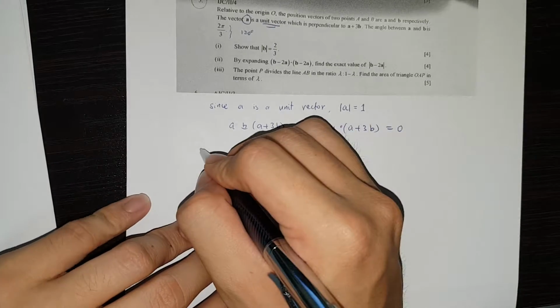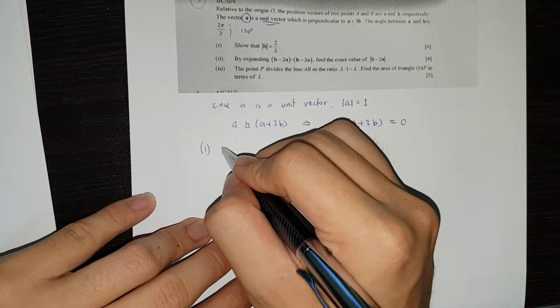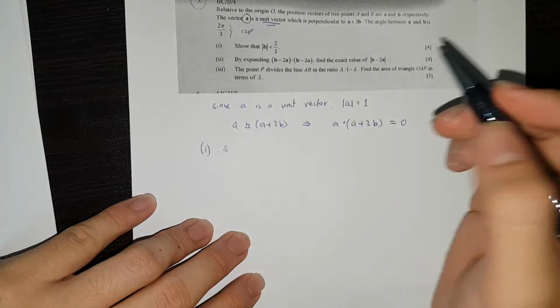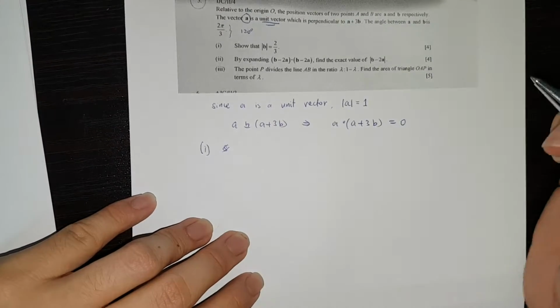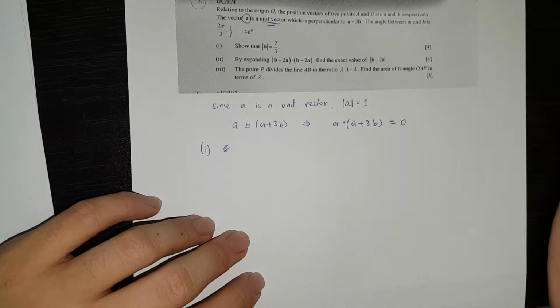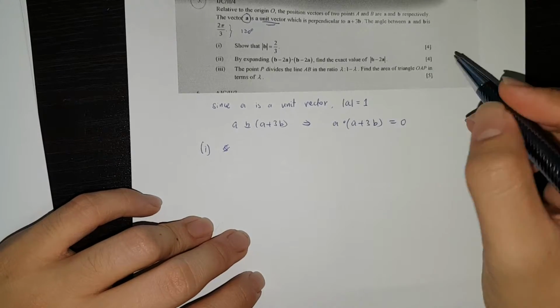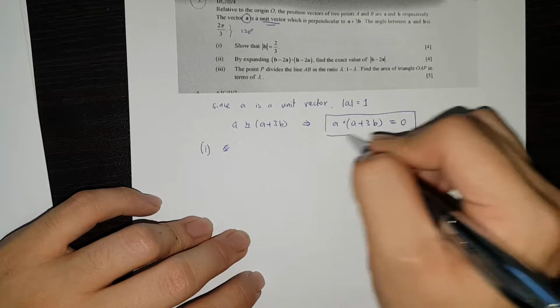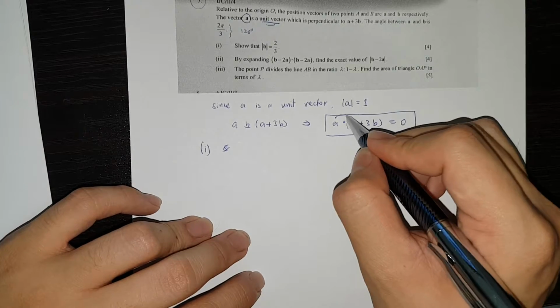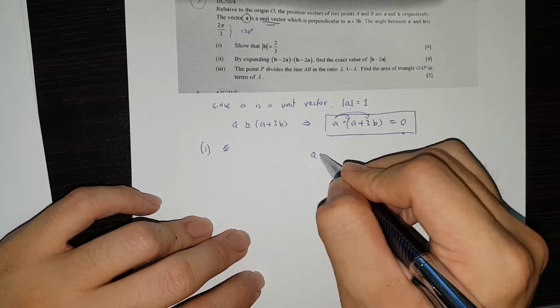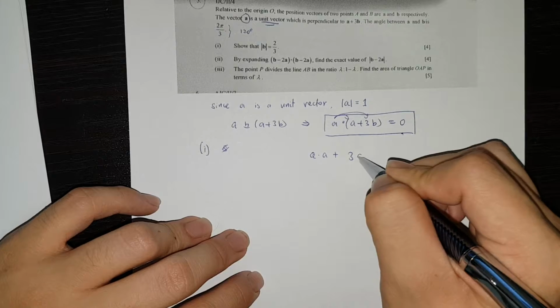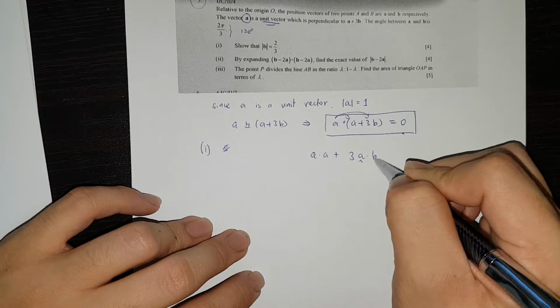Now, question 1 says show that modulus b is 2/3. So what we're going to do is start off with this first. If we use the distributive law, we will get a dot a plus 3a dot b.